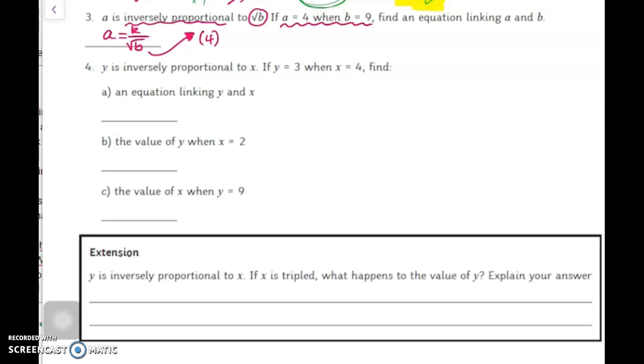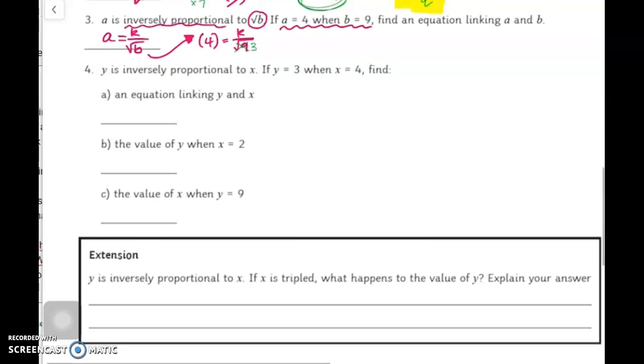So A is 4 when B is 9. All right, and then we can solve for k. Now we know what root 9 is. It's 3. And so to solve for k here, I need to multiply both sides by 3. The 3's cancel out to give me k. k equal to 12.